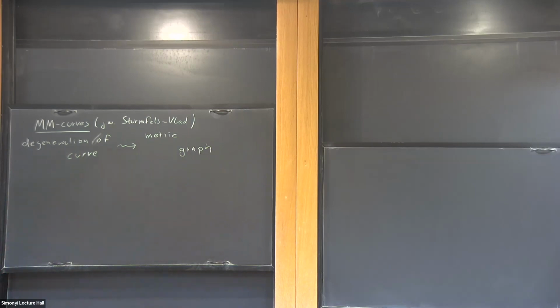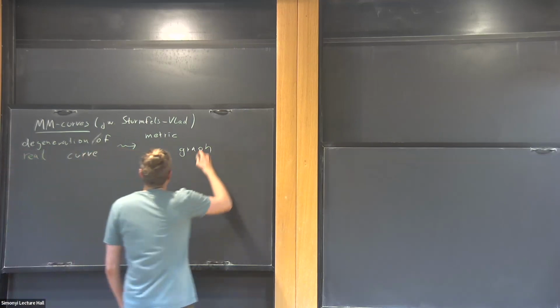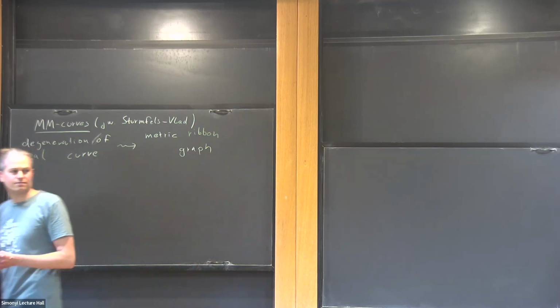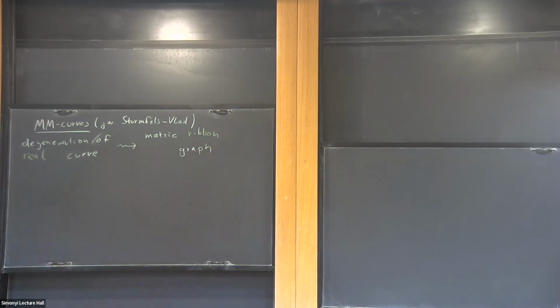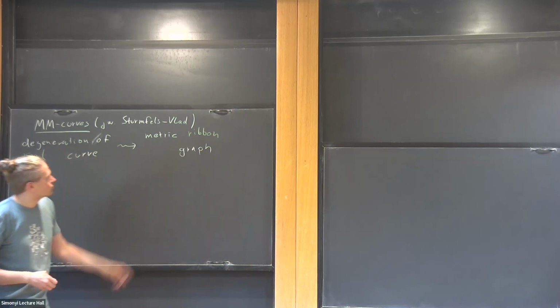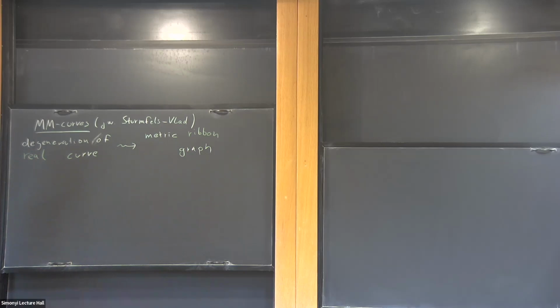And the take-home message for the first part of the talk would be: for a degeneration of a real curve, you should get a look at the ribbon graph. You get this additional structure of the complex involution acting on your complex curve, and then this should be reflected in some additional structure of the graph.